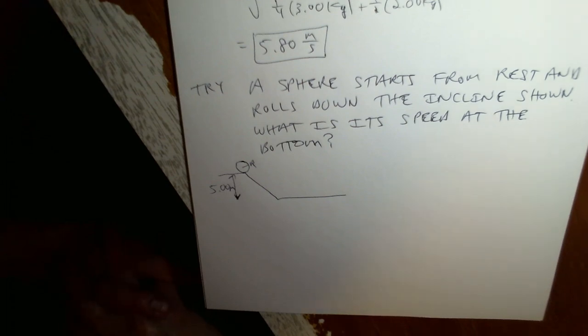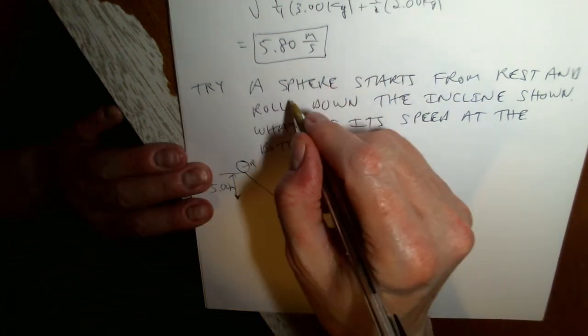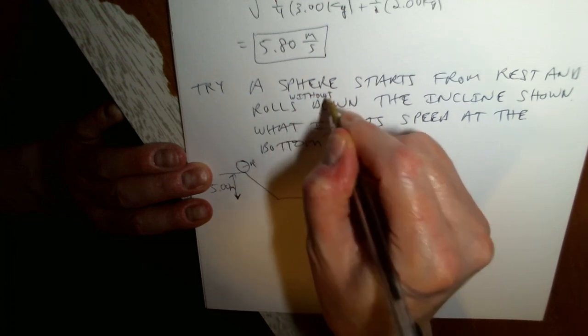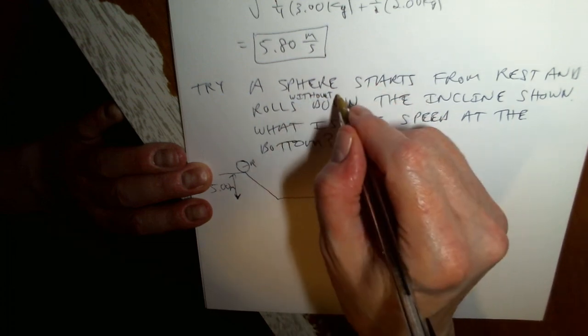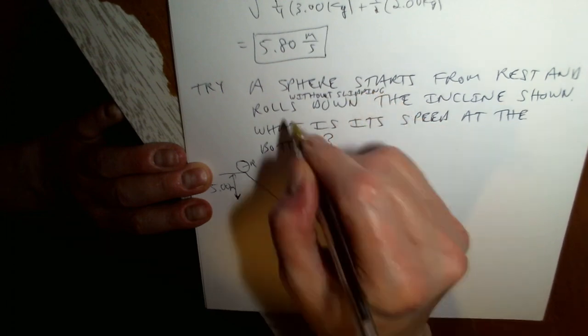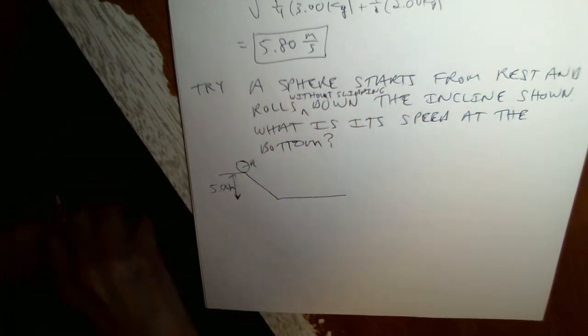It rolls without slipping, is what I mean to say, because if it slipped, then we wouldn't have that extra equation, V is equal to omega r. So it rolls without slipping down the incline shown, and what's its speed at the bottom?